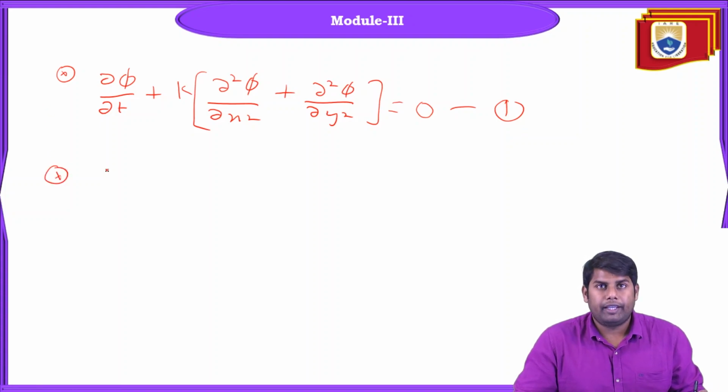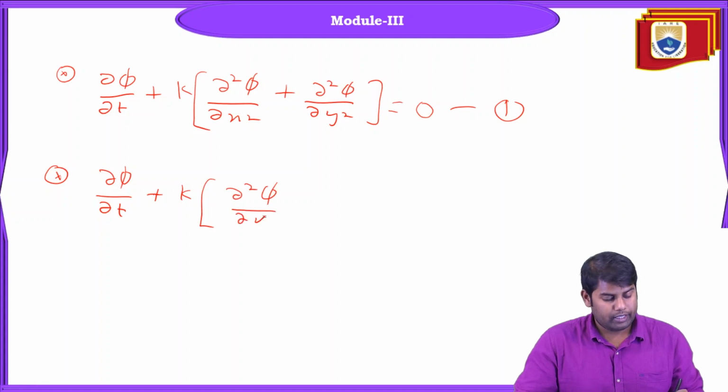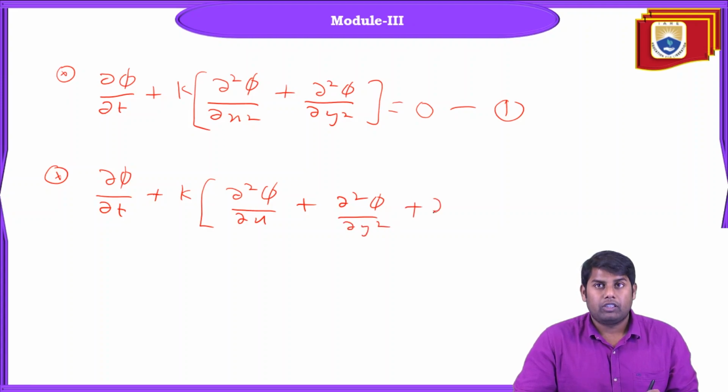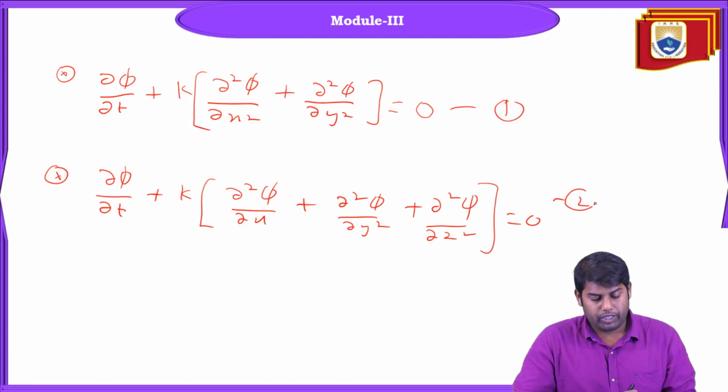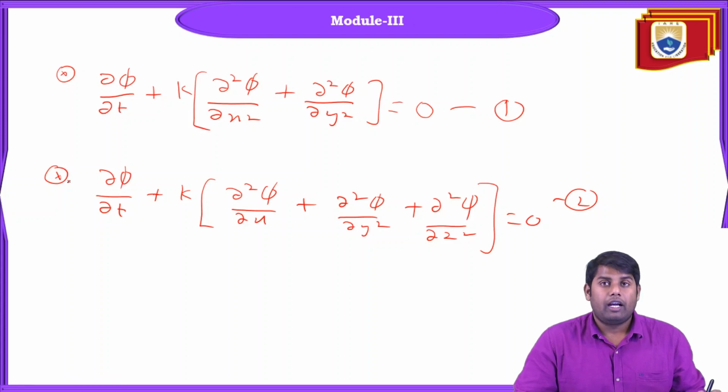The other one is the same equation, ∂φ/∂t plus k times ∂²φ/∂x² plus ∂²φ/∂y² plus ∂²φ/∂z² is equal to 0. So we need to see the 2D and 3-dimensional aspects using the explicit and implicit techniques.